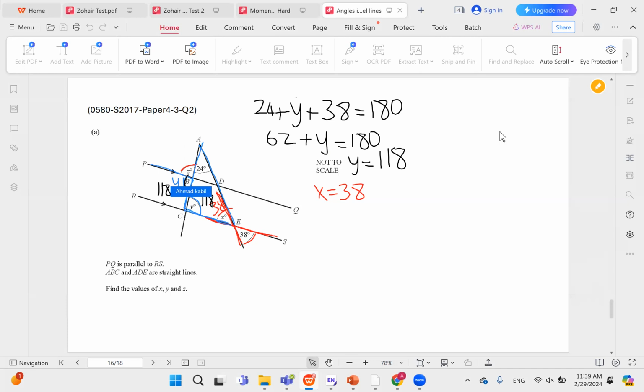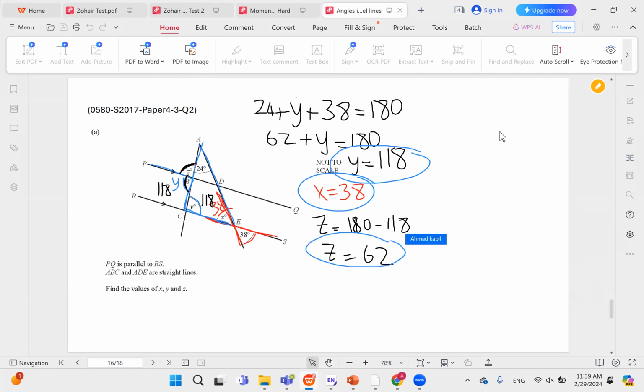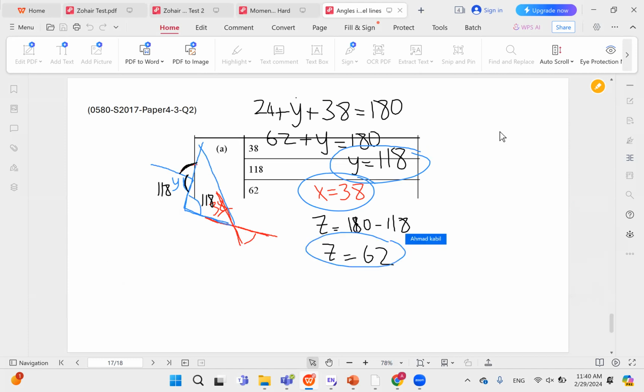So in order to get z, we just simply subtract 180 minus 118. So z equals 180 minus 118. Therefore, z equals 62. So the final answers are x equals 38, y equals 118, and z equals 62. These are the correct answers.